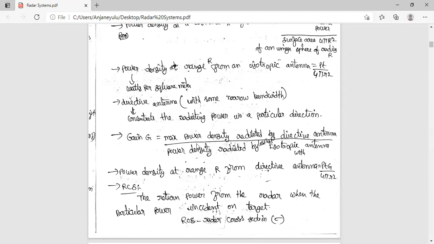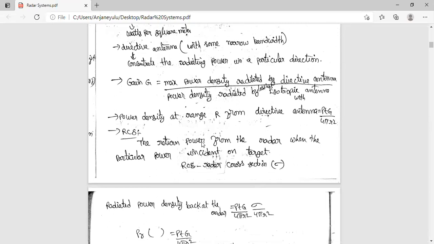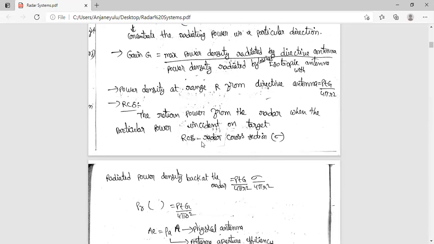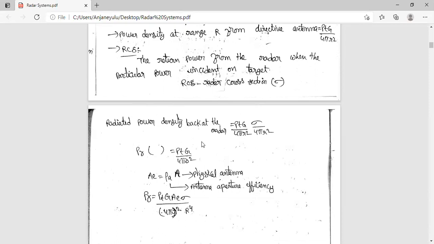The gain equals the maximum power density radiated by the directive antenna over the power density radiated by a lossless isotropic antenna. So the power density at range R from the directive antenna is this one here.